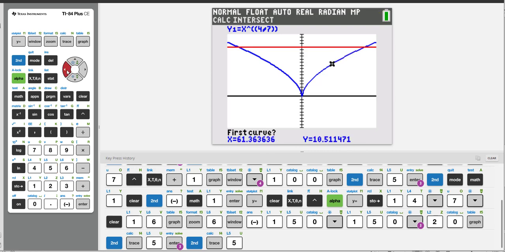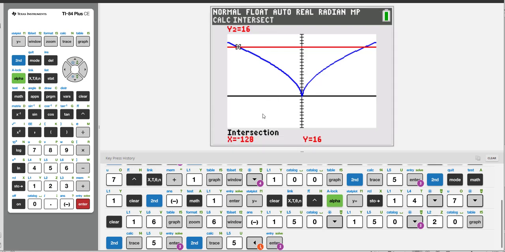Press the left arrow until the x is on top of the second point, because it will never go there on its own. Press enter 3 times. Notice the intersection x equal to negative 128 at the bottom of the screen. This is your second solution.